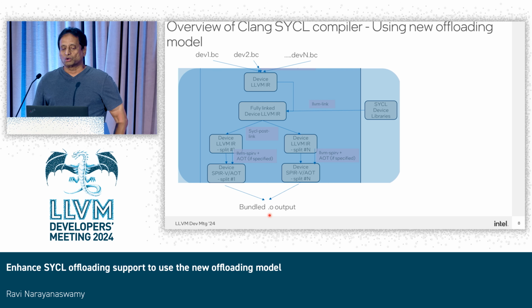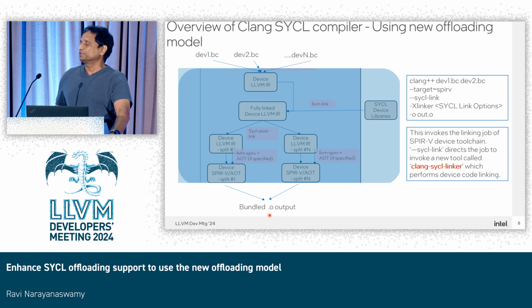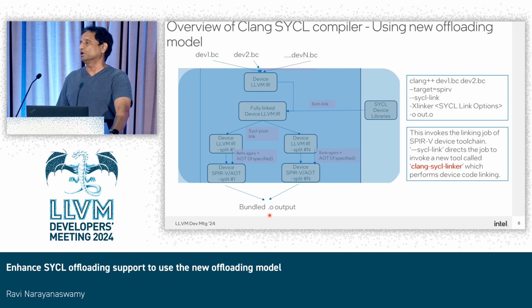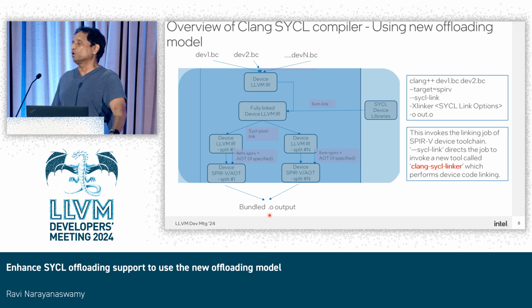Now let's look at the overall Clang SYCL compiler. In order to invoke Clang, you would specify what the target is, and the target here is SPIR-V. So we say the target is SPIR-V, so Clang knows to use SPIR-V compilation. Then we say we want to invoke the SYCL link, so we specify the option --sycl-link.